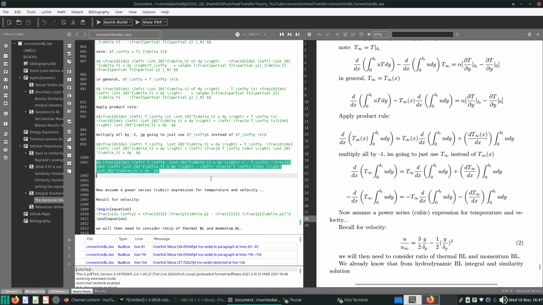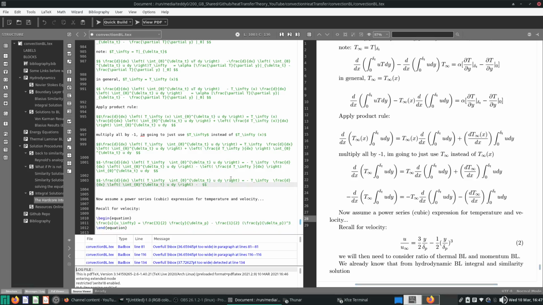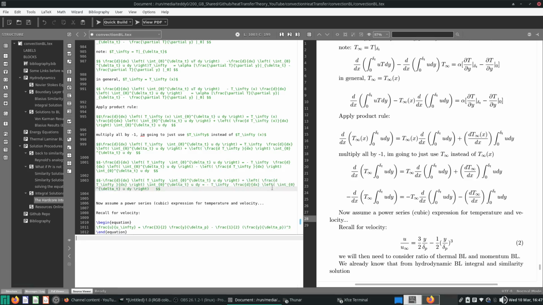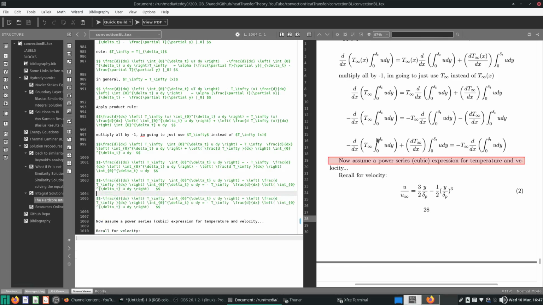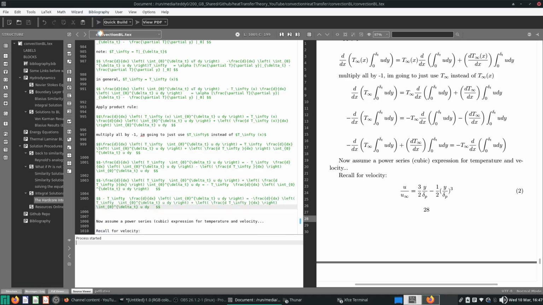So okay, I'm going to bring this to the other side, plus this, and of course I'm going to switch the left and right hand sides, which is not that important to write out, but for the sake of clarity, always for the sake of clarity, I like to write that out.